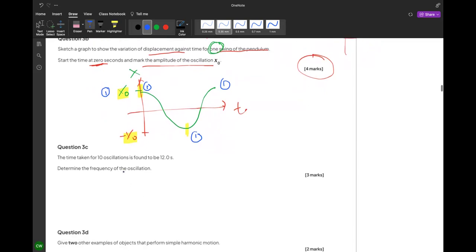Okay, can you try to find the frequency and give me the answer? Let's see whether you know how to find frequency or not. Okay, try, write out the answer.